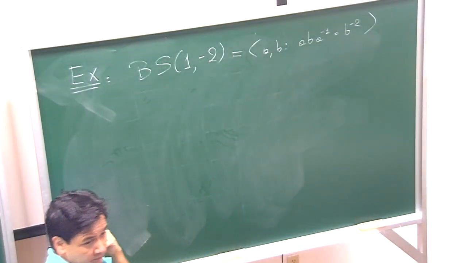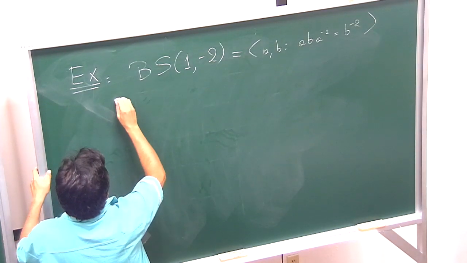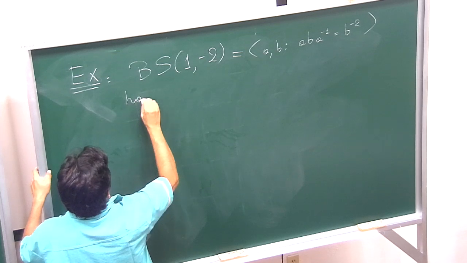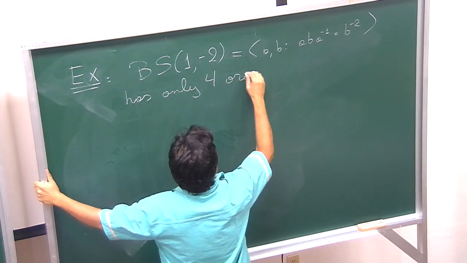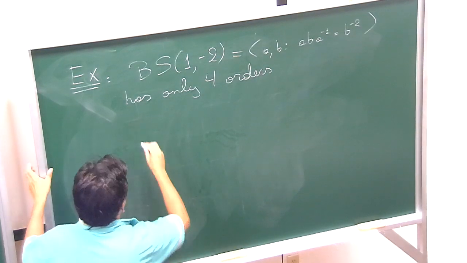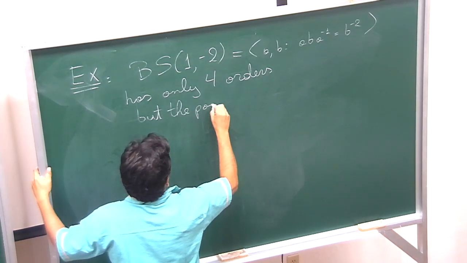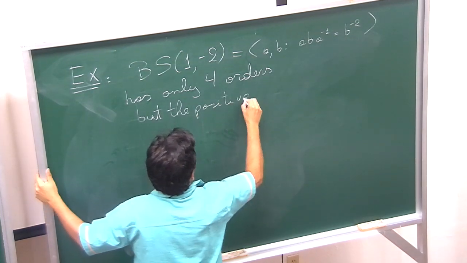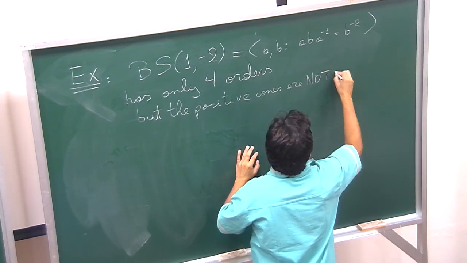Exercise: this group has only 4 orders, like in this case, but the positive cones are not finitely generated.